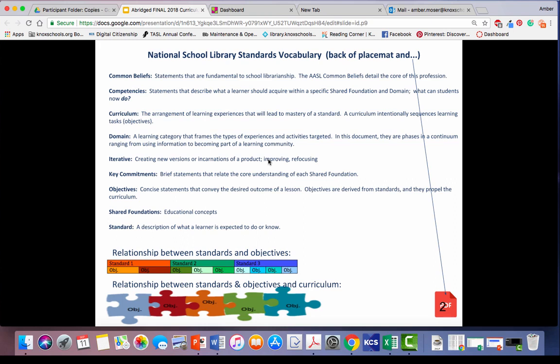These are all terms that I'm sure you are familiar with. However, you may be seeing them in a different context within our standards discussion. So just read over them and see where we're heading with these terms. You may want to pause this video for just a moment while you take care of those two things. And when you're ready to resume, you can go ahead and hit play.